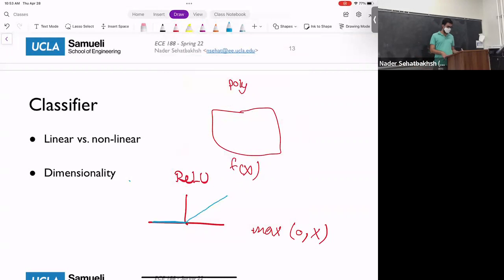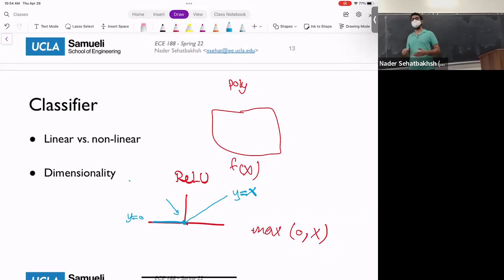If your data is below 0, a negative number, it always outputs 0. If your input is a positive number, since it's bigger than 0, it just sends it out. So this is y equals x, and this is y equals 0. That's what ReLU does.